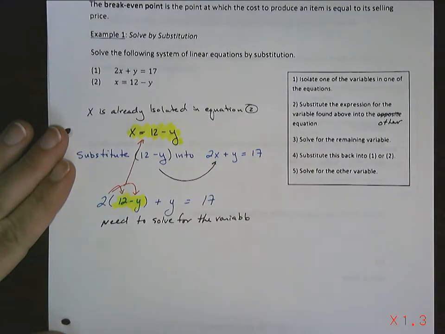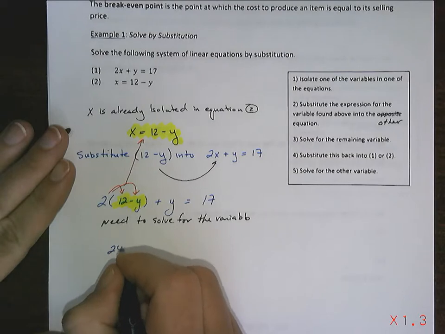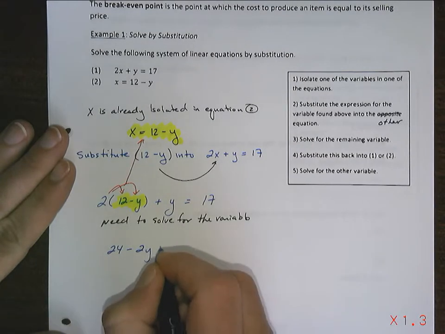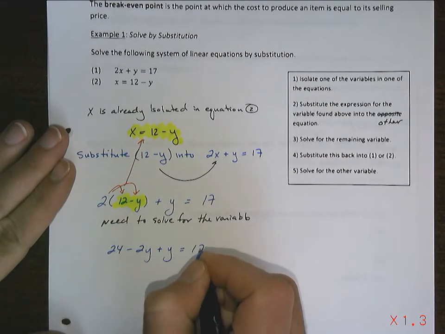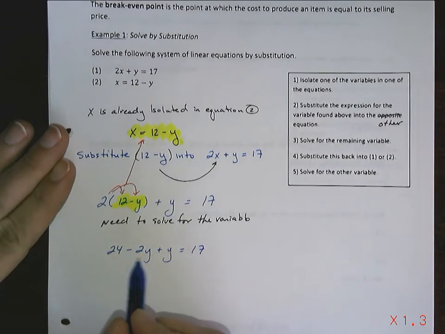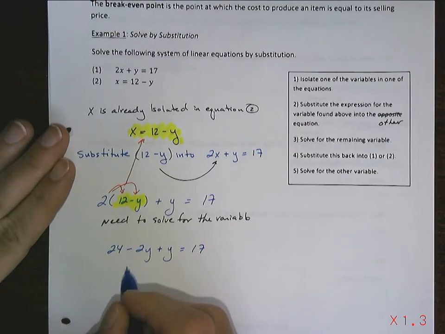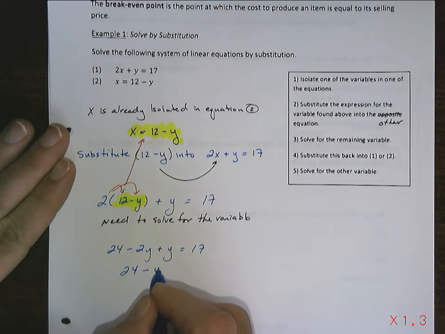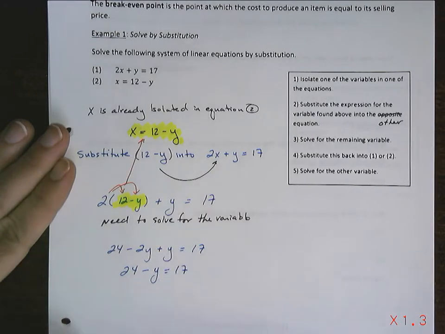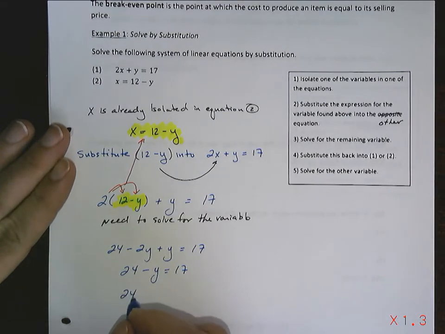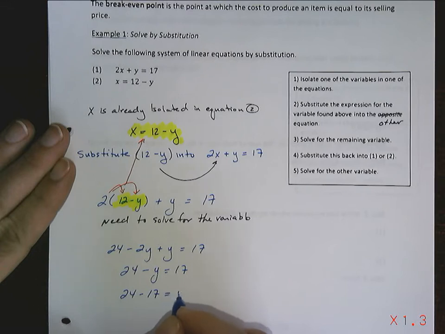Using the distributive property, I'm going to get 24 minus 2y plus y equals 17. I'm going to collect like terms. I'm going to get 24 minus y equals 17. I'm going to rearrange this to get y by itself. So I'm going to do 24 minus 17 equals y.